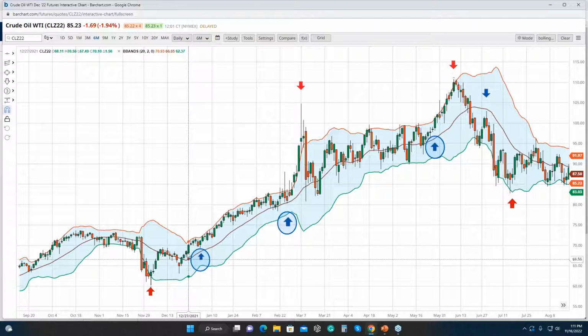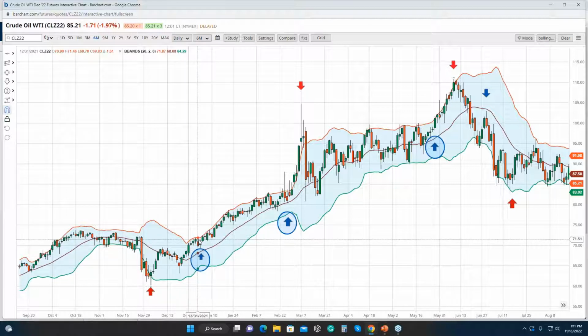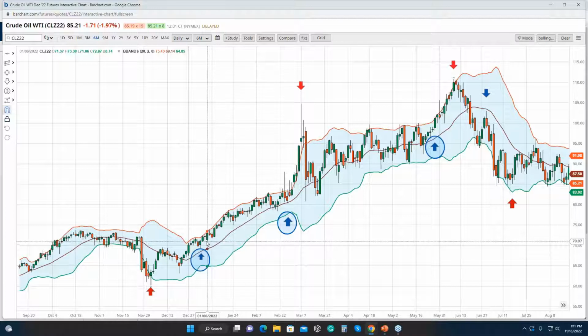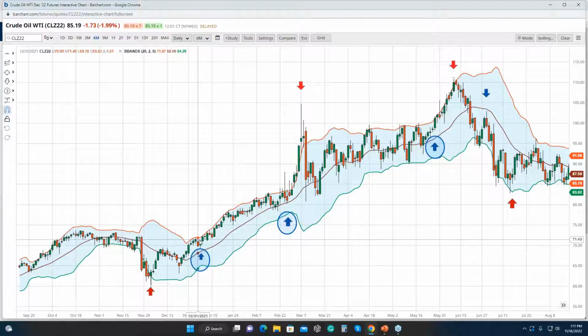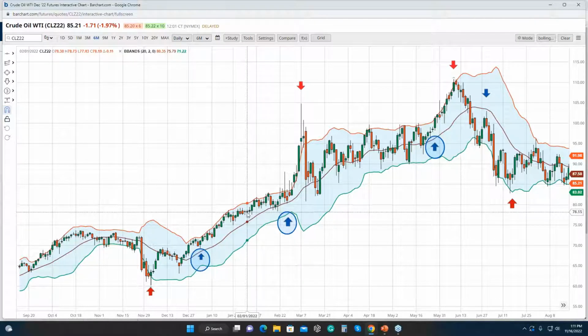Our bands narrowed. Our price action went from the mean to the outer band, and then price broke out of resistance as we reached the outer band. The bands turn out, indicating that momentum and volatility is coming back into this market, and then a trend develops.